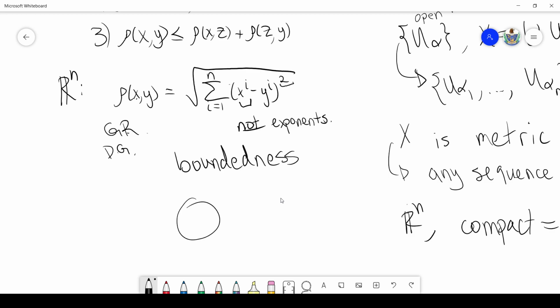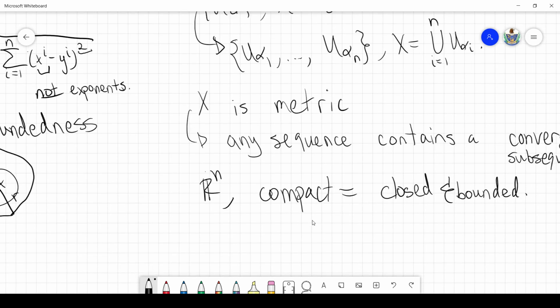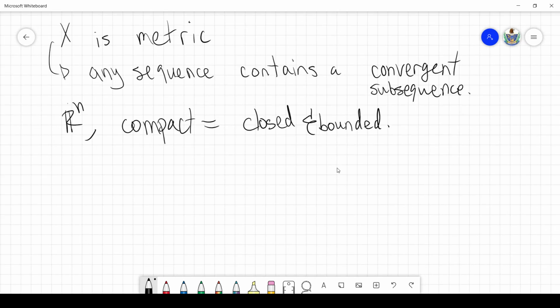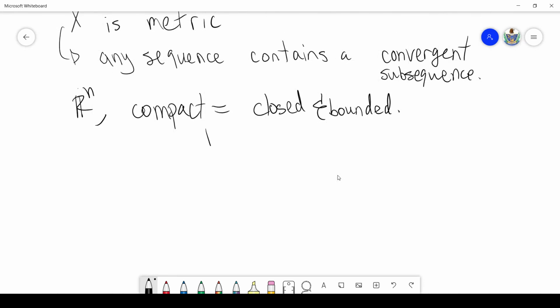A set A is bounded if, for any point in the set, I can choose some positive distance such that all the other points in A are within that distance. And this result is known as the Heine-Borel theorem.